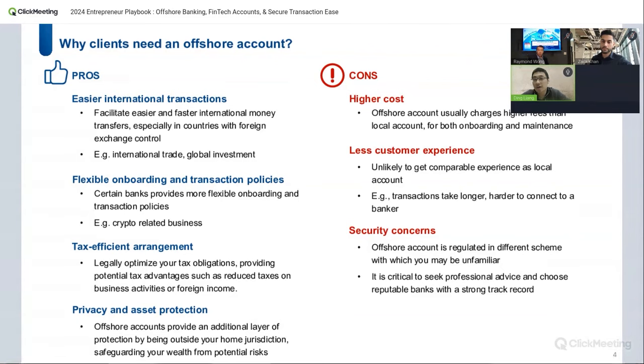In those countries, it's very hard to move US dollars across the border. If you have a bank account in Hong Kong or in the US, it allows you to transfer your money freely. Hong Kong doesn't have such restrictions, so this is not for Hong Kong companies.